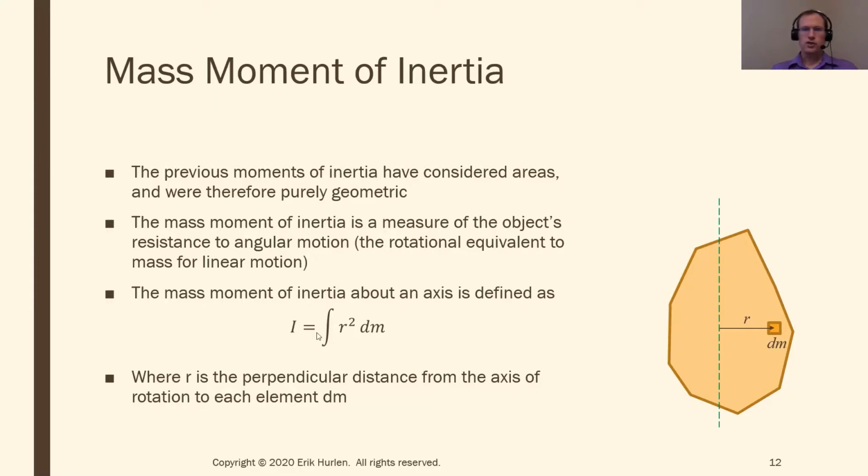A similar definition: my mass moment of inertia is the integral of r squared dm. Previously it was either dA or dV, but now we have this mass associated with it as well. Again, r is the perpendicular distance to some little elemental mass dm.